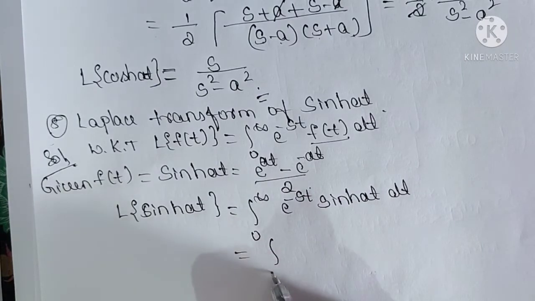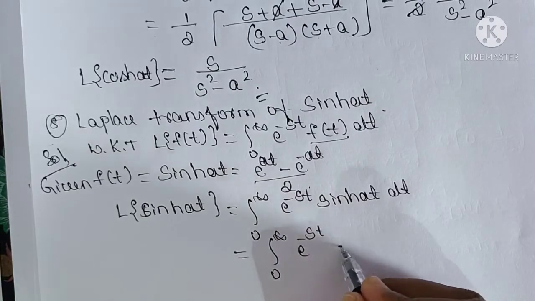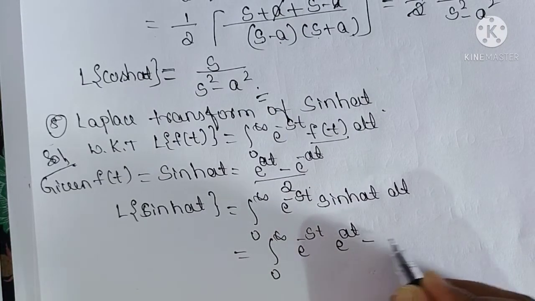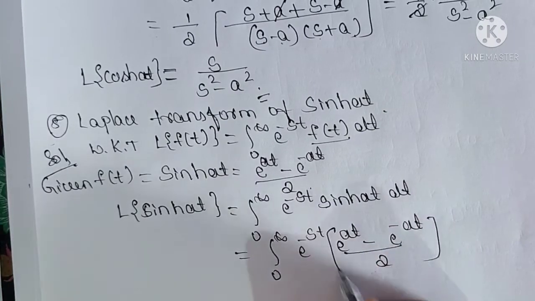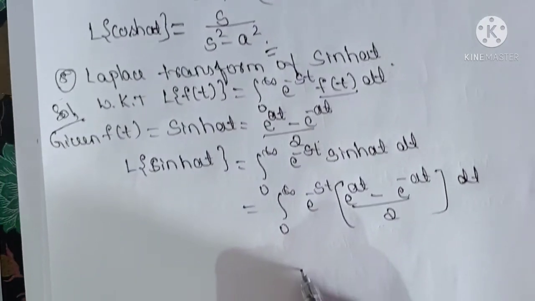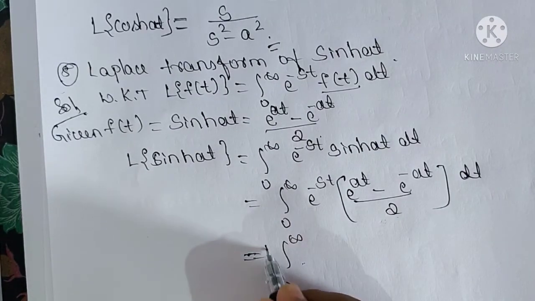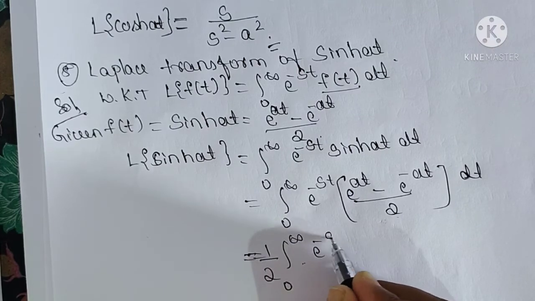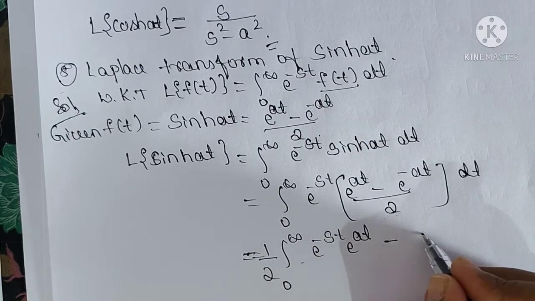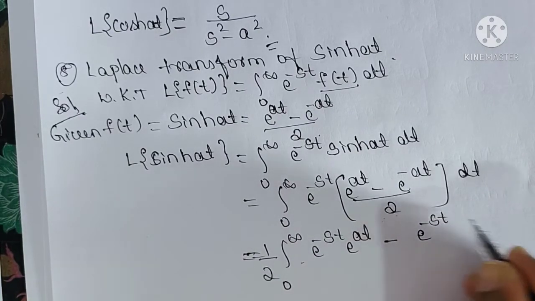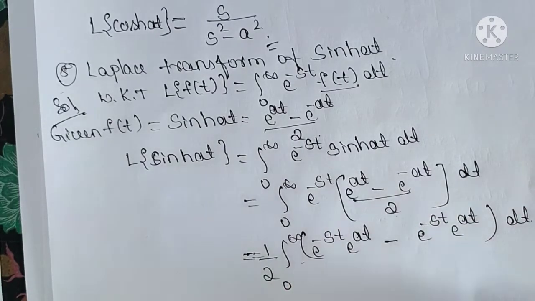This is equal to the integral from 0 to infinity of e power minus st into e power at minus e power minus at divided by 2 into dt. This is equal to 1 by 2 taken out, remaining e power minus st e power at minus e power minus st e power minus at into dt.